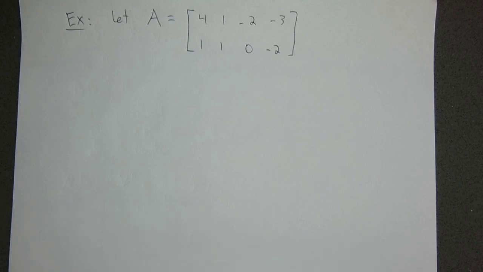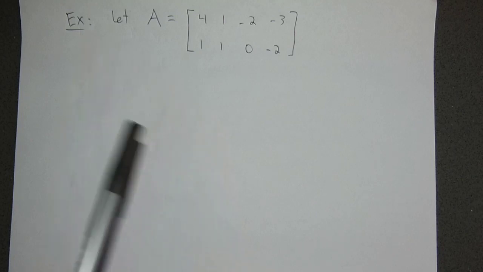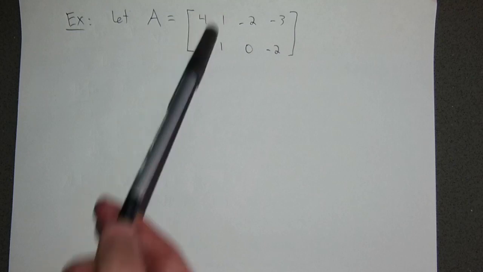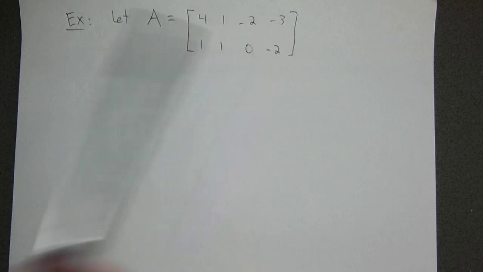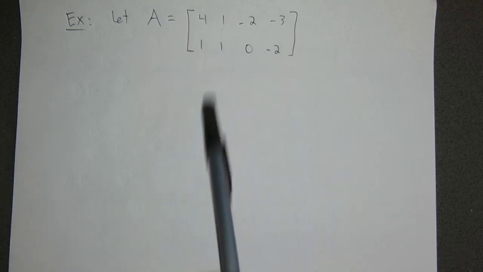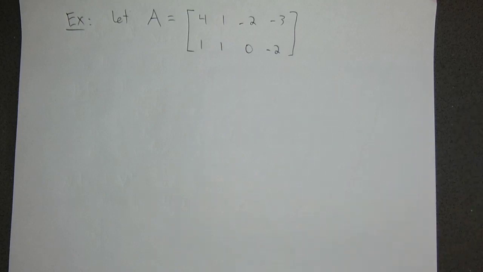For this purpose, I'm going to pretend that my matrix A contains these 4 data points, literal points in the plane, ordered pairs in the plane.